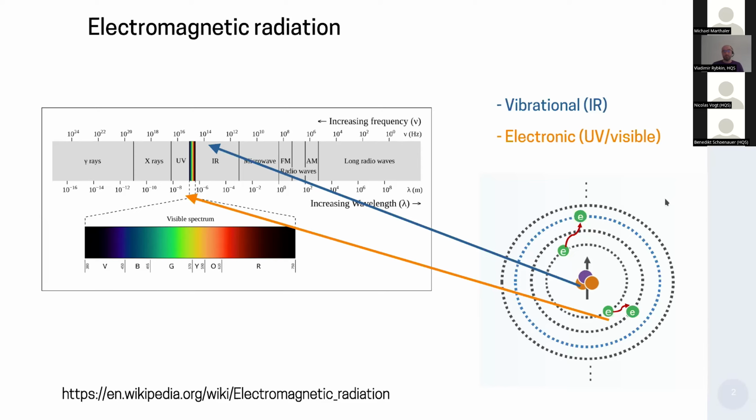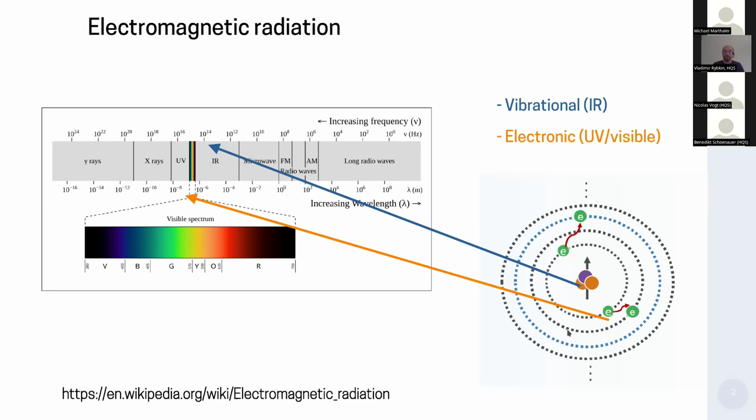Therefore, one can approximately separate energetic levels of the molecule into electronic and nuclear. Electronic ones stem from jumping of electrons from orbit to orbit, or orbital to orbital if you use quantum chemistry terminology, and the ones from the nuclei are rotational and vibrational. So atoms vibrate around the equilibrium point, and this produces spectra.